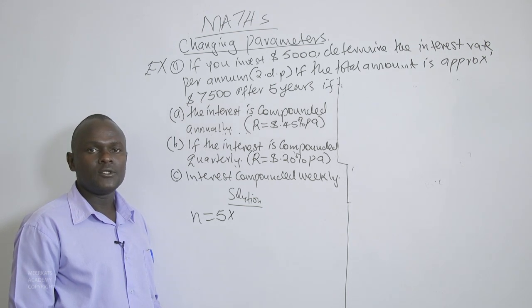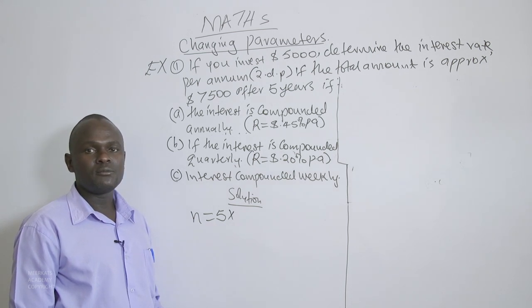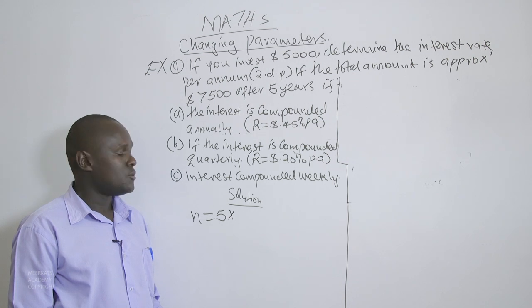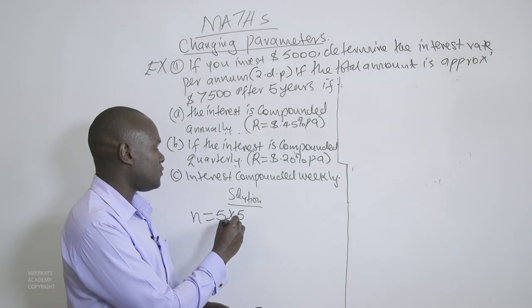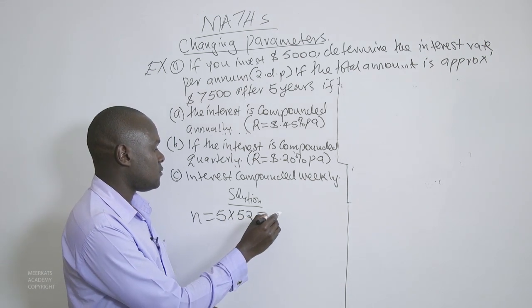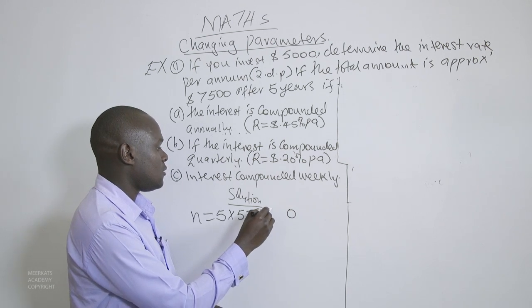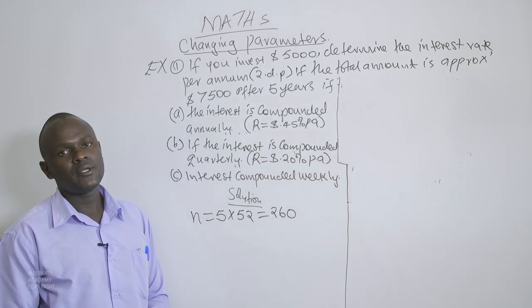Rather, we have 12 months in a year. And in a year, we have approximately 52 weeks. So in 5 years, we are going to have 5 times 52 weeks. This is going to give us 260 periods.